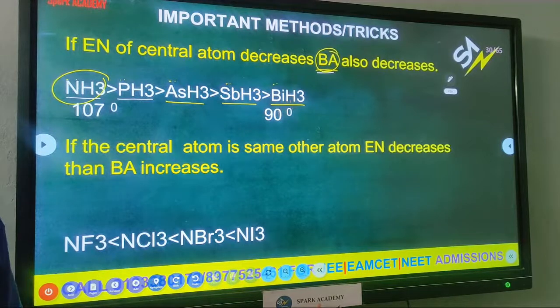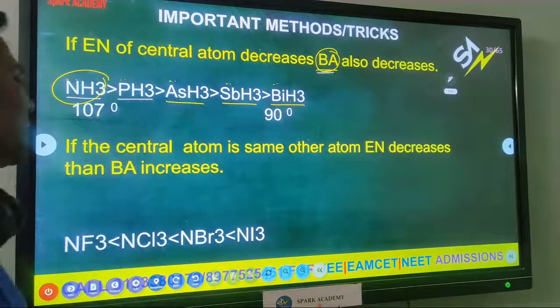Because the size of the atom increases, electronegativity decreases, and then the bond angle also decreases. In ammonia the bond angle is 107, while in bismuth hydride the bond angle is 90. It decreases due to the electronegativity of the central atom. So, one more application now.